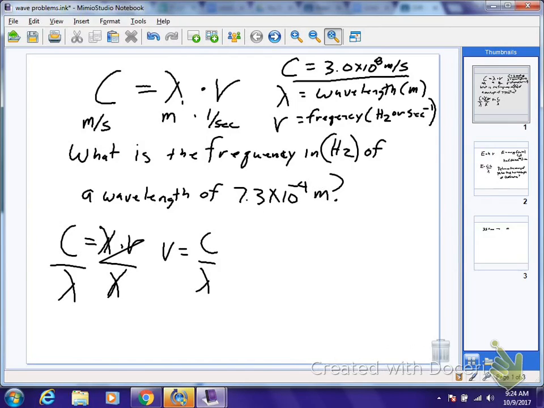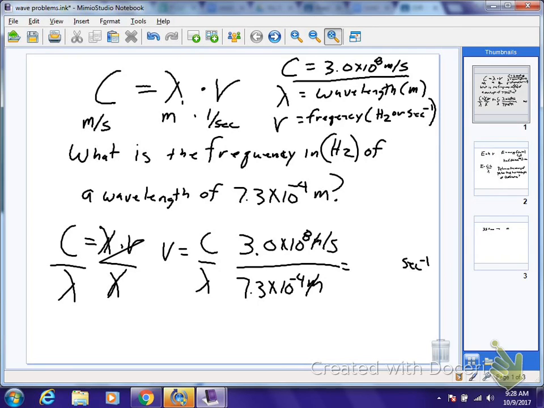So go ahead and calculate what you think the right answer is for that one. So that's what you'd end up with. So then you'd have to take your 3 divided by 7.3, and you get a number that's 0.41. I'm going to put it up here. 0.41 when you divide that out.